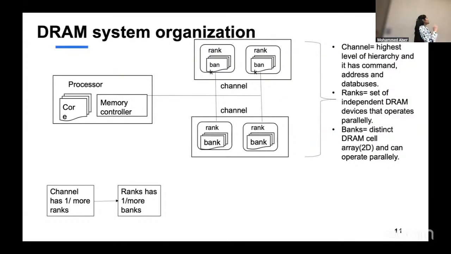A channel is the highest level of the hierarchy, and it has commands, address, and data buses. And this channel is the communication between the memory controller and the ranks. Ranks are sets of independent DRAM devices that operate in parallel, and banks are distinct 2D DRAM cell arrays that can also operate in parallel.